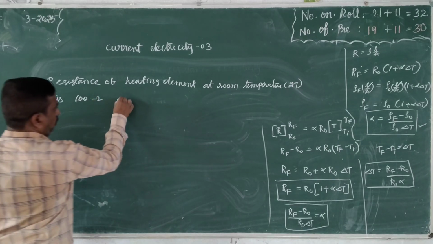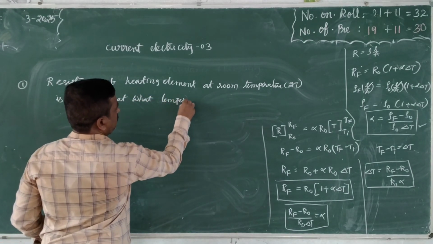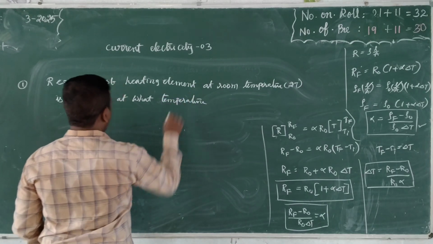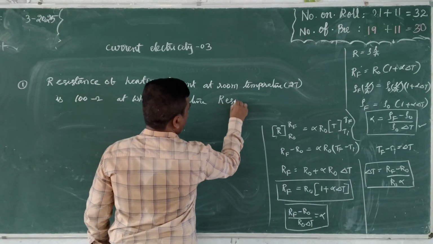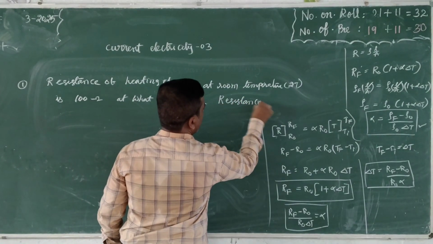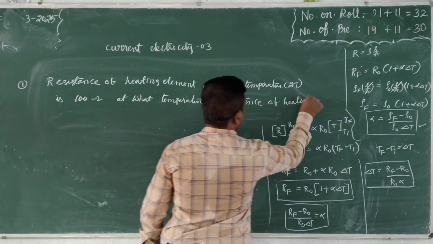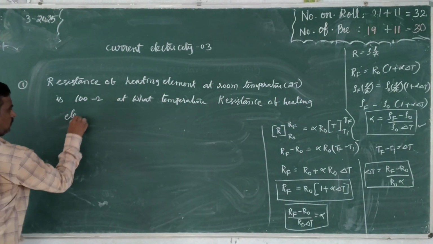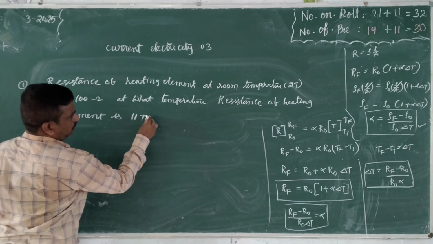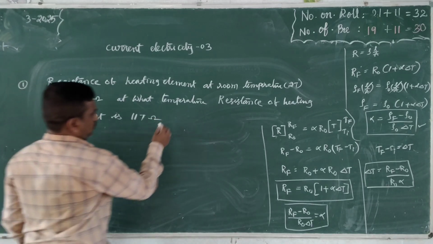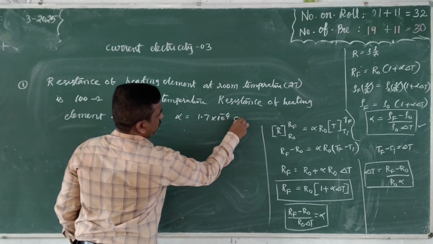At what temperature is the resistance of the heating element 117 ohms? Alpha equals 1.7 into 10 power minus 4 Celsius minus 1.